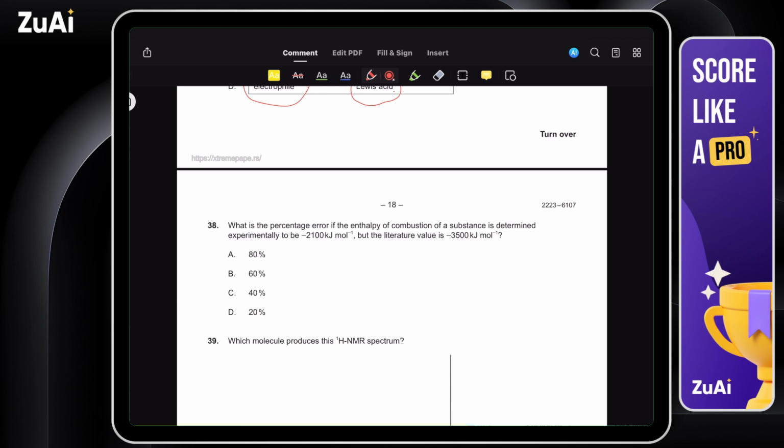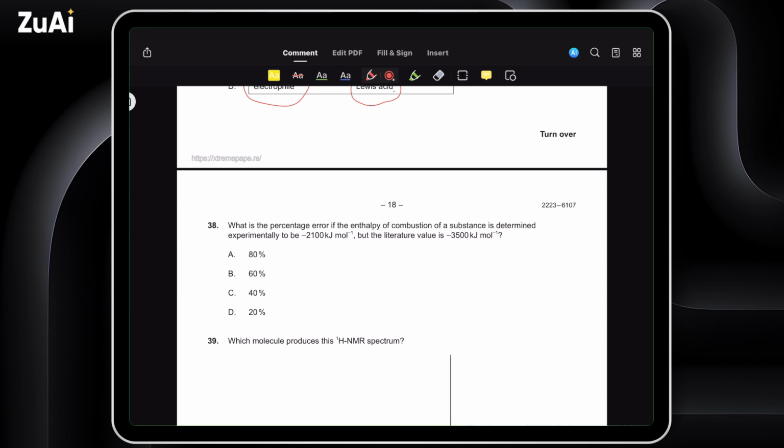What's the percentage error if the enthalpy change of the substance is determined experimentally to be negative 2100 and the literature value is negative 3500?